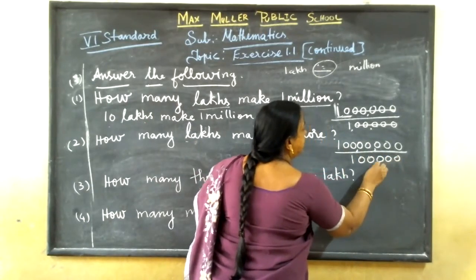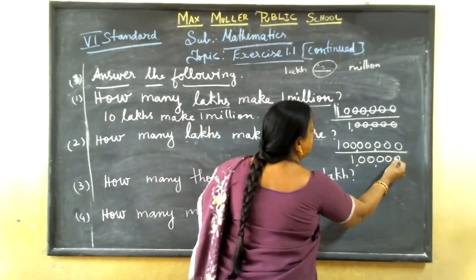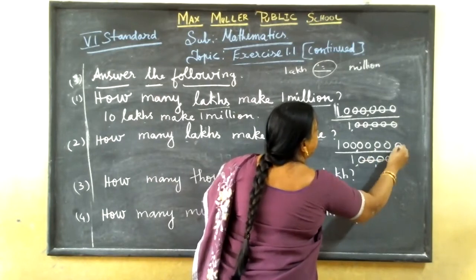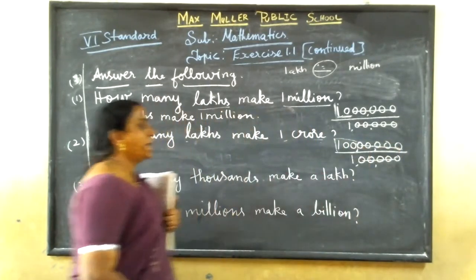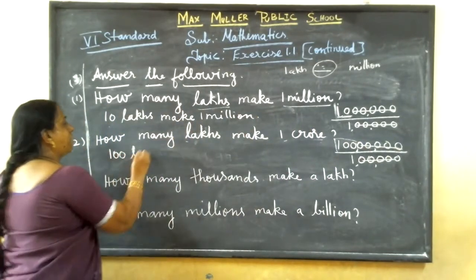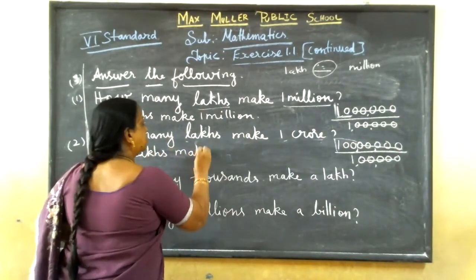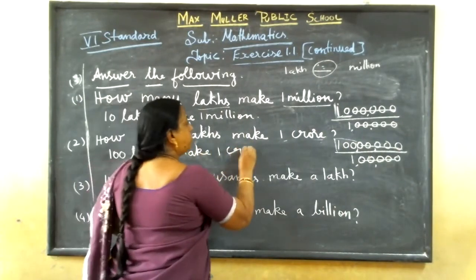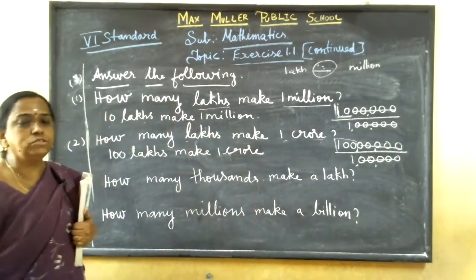Ones, tens, 100, 1,000, 10,000, lakh. So now cancel here. 1, 2, 3, 4, 5. Then you got it what? 100. So what is the answer? 100 lakhs is equal to 1 crore. So 100 lakhs make 1 crore. Got it? How to do? Instead of doing long division, if you divide like this, you will get.